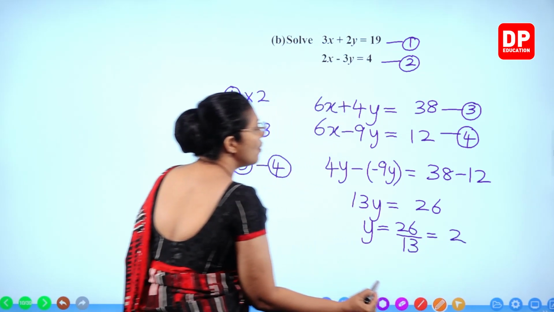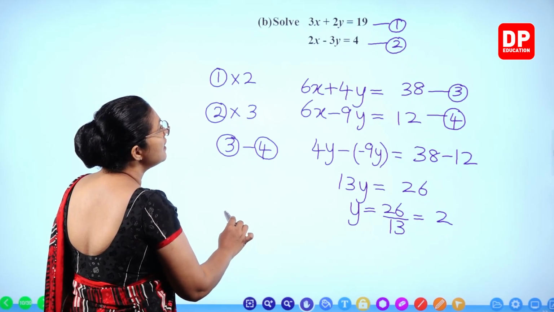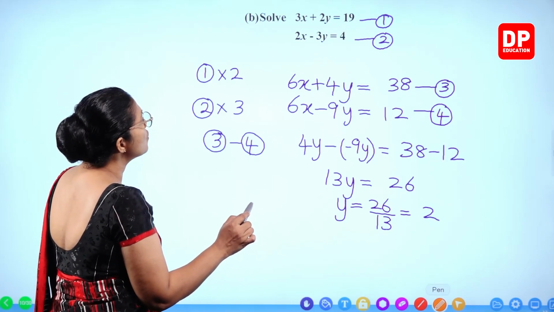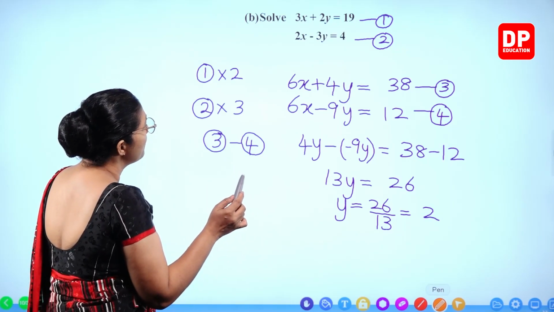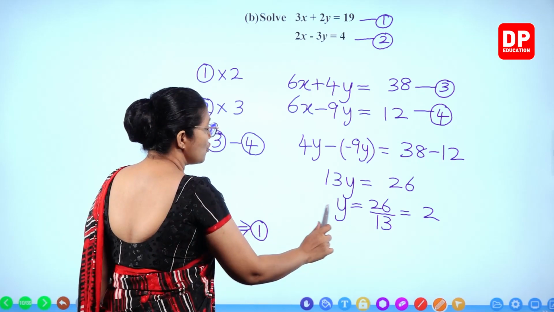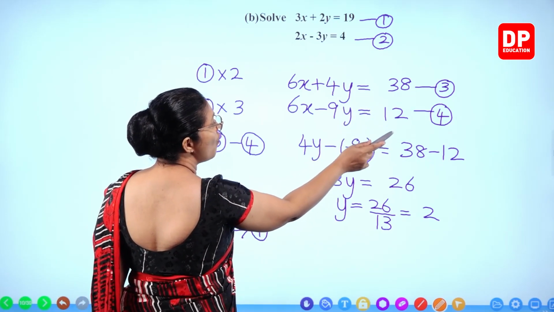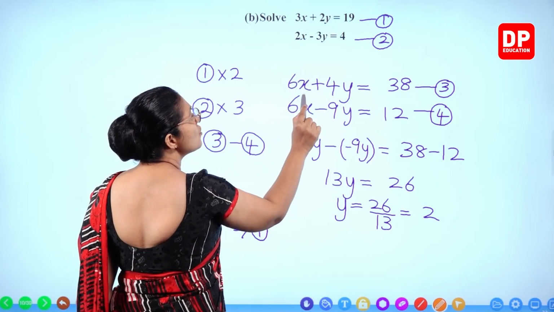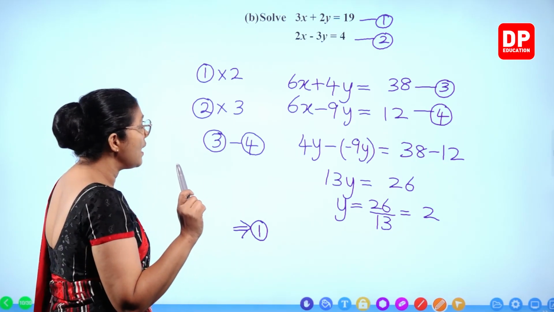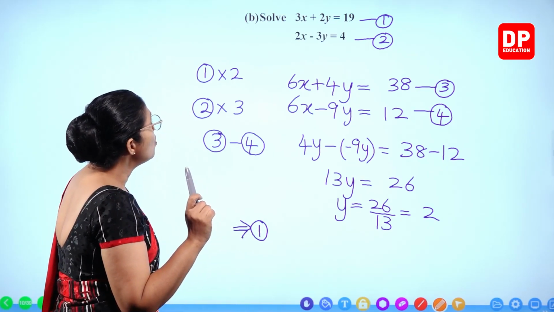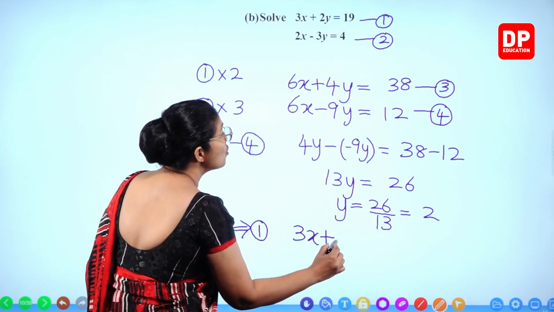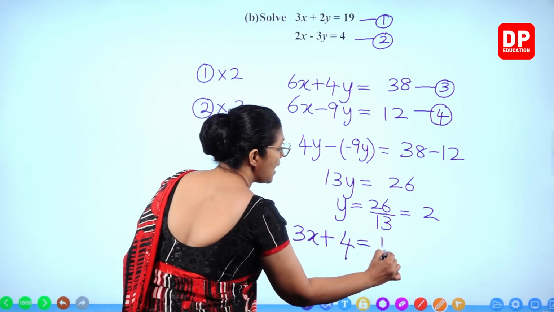That's 2. Then you take one of the equations and find x by substituting y equals 2. Let's take the first equation. You can take any equation, 1, 2, 3, 4, any. But don't take equations 3 and 4, because we got those by multiplying. So the easiest is to take equation 1 or 2. Substituting y equals 2 into the first one: 3x plus 2 times 2, which is 4, equals 19.